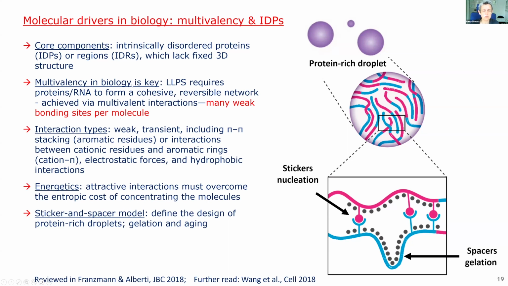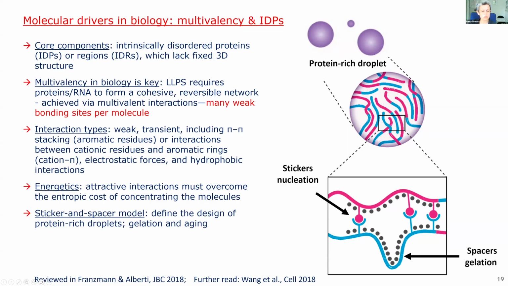These interactions are also reversible. And the interactions are weak and transient, like pi-pi stacking of aromatic residues. It can be also electrostatic forces, hydrophobic interactions, and the energetic is such that these are attractive interactions that should overcome the entropic cost of concentrating the molecules.